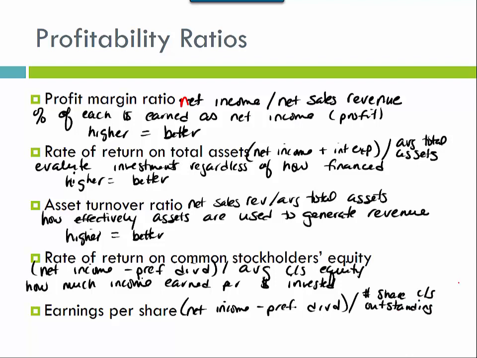So one is taking net income divided by equity, and one is taking net income divided by the number of shares. So the earnings that the company's making, the earnings per share. So let's highlight those formulas, and this one and this one. All right.